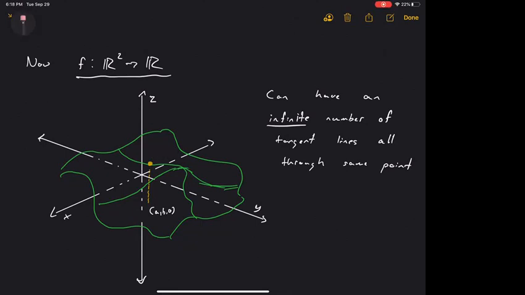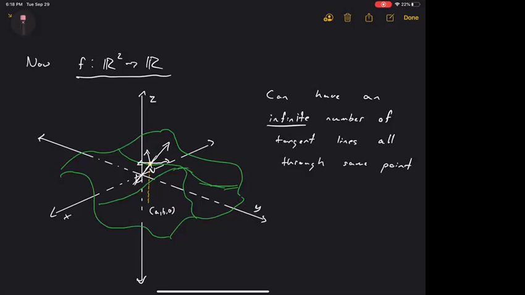Like I could have a tangent line that's just barely touching the curve going this way. Maybe one that's going up this ridge like that, going this way, etc. So there's actually an infinite number of tangent lines pointing in, not every possible direction, but in an infinite number of directions.